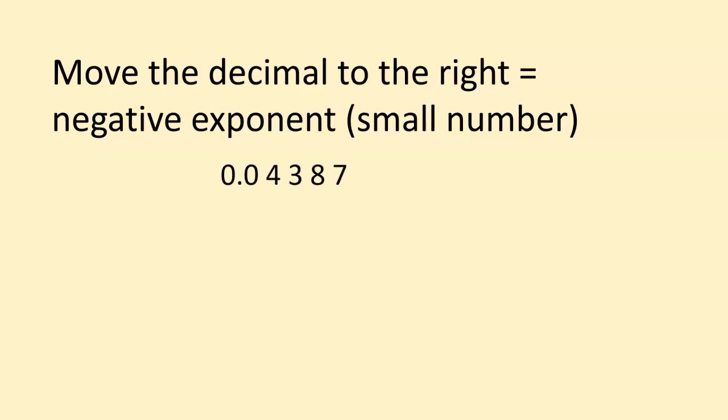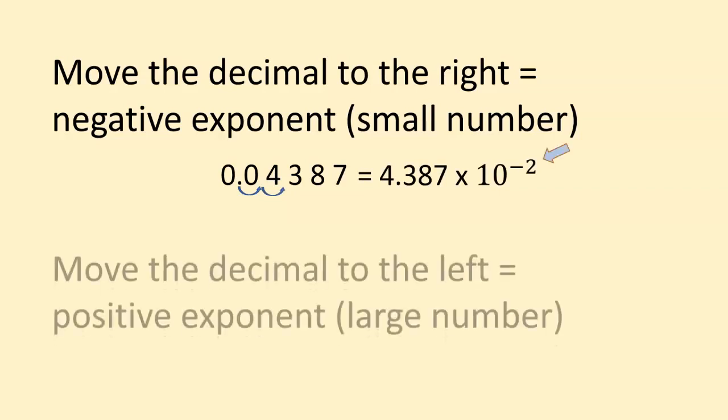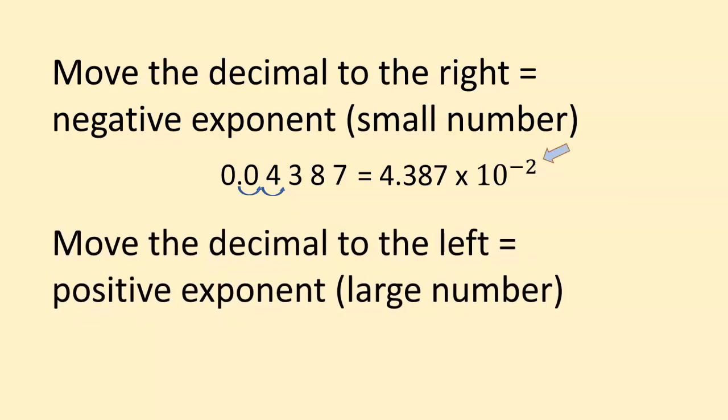If we have a value we're putting into scientific notation, we move the decimal because we want our coefficient to be between 1 and 9, remember? So I'm going to move this 2 times, and that gives me 4.387 times 10 to the negative 2. I know that I moved it to the right because it told me negative 2.